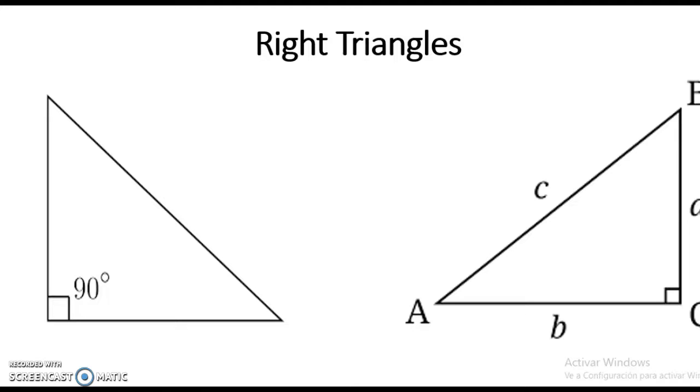Okay, if you remember, the vertices are identified by these capital letters like the A, C, and B, and the little letters represent how long the sides are.